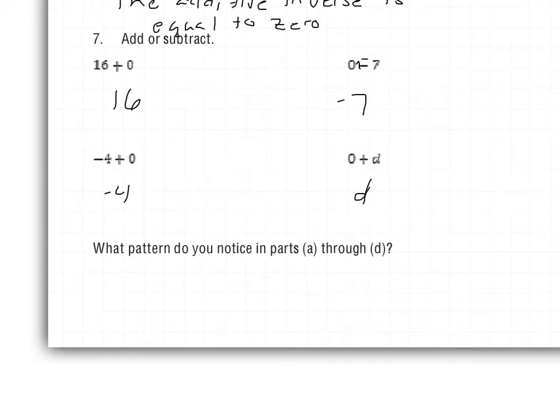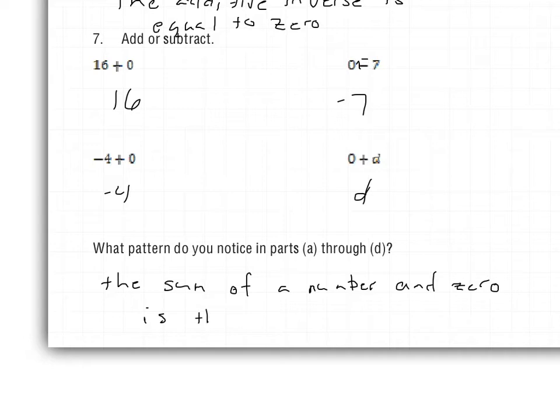So we recognize that the sum of a number and 0 is the number.